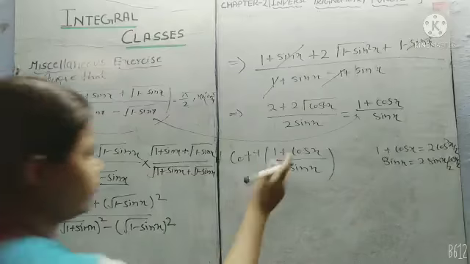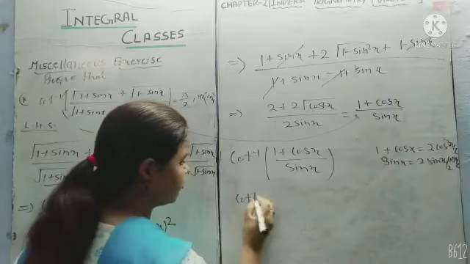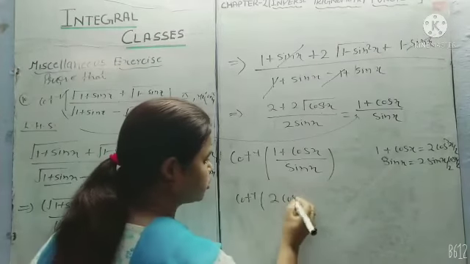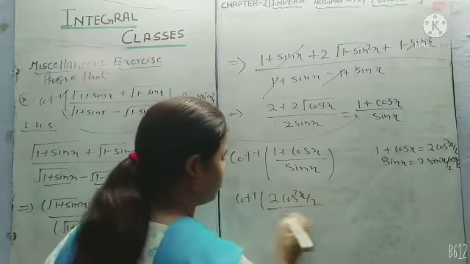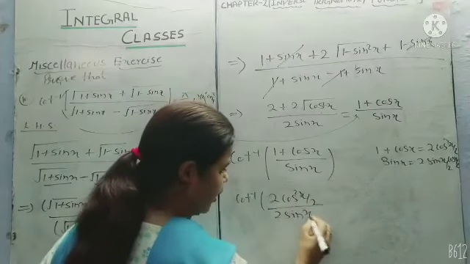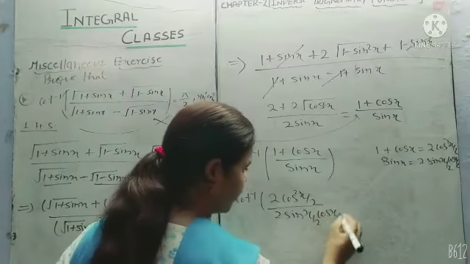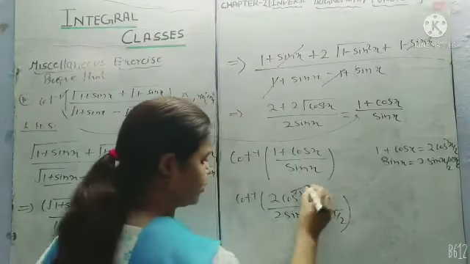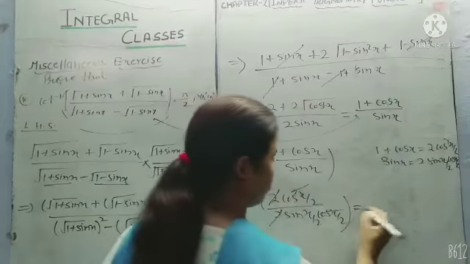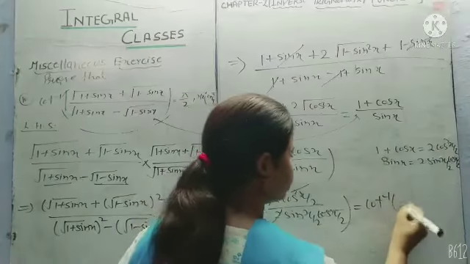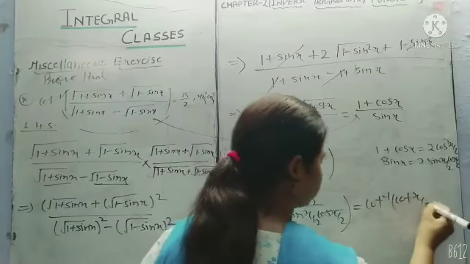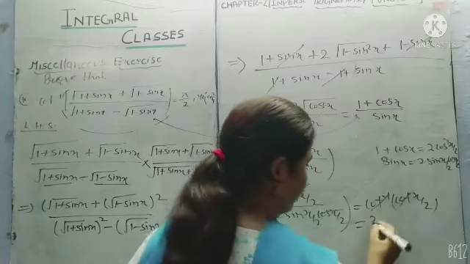Now put the values here. Cot inverse of 2 cos square x by 2 upon 2 sin x by 2 and cos x by 2. So cos x by 2 cancels, 2 is cancelled. Now we will get cot inverse of cot x by 2. These are cancelled. x by 2.